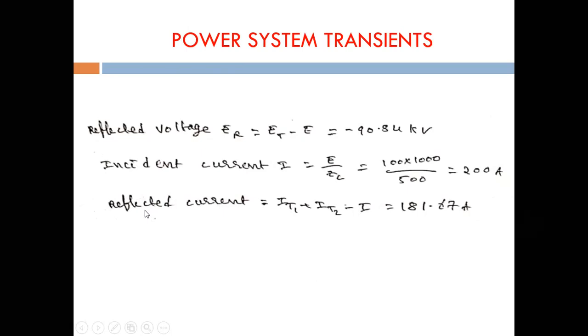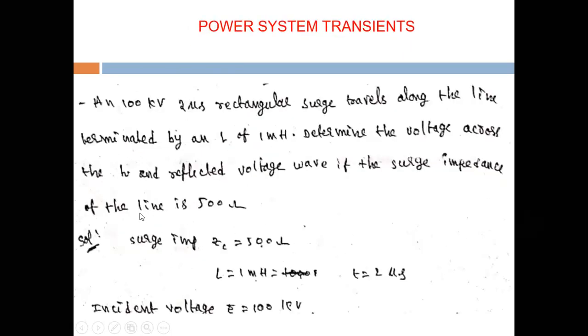Next, coming to the next problem. A 100 kilovolt, 2 microsecond rectangular surge travels along the line terminated by an inductance of 1 millihenry.